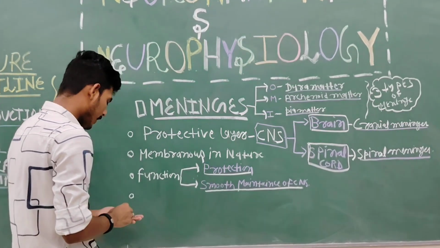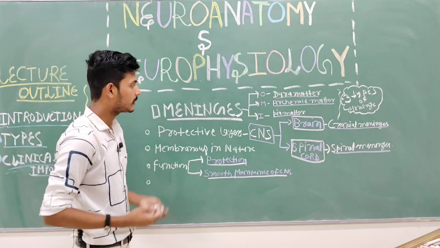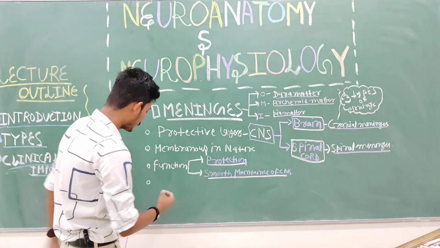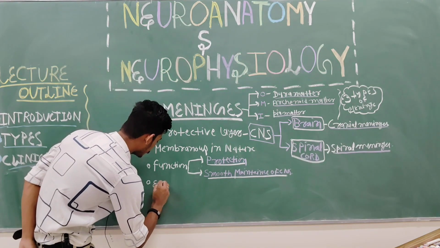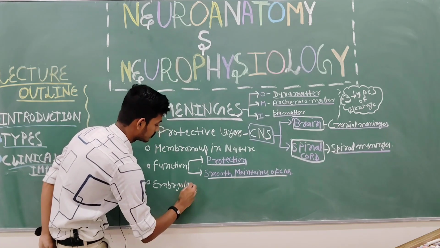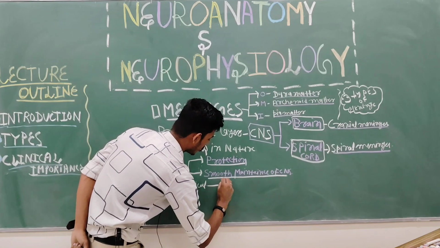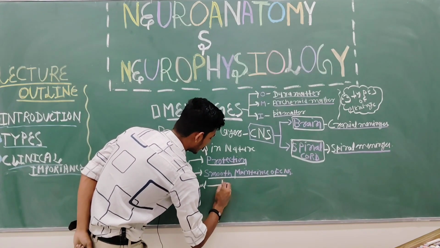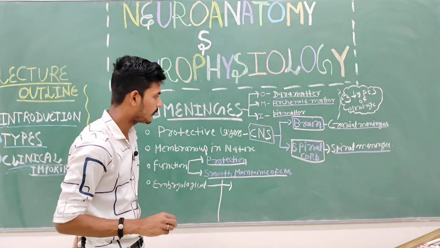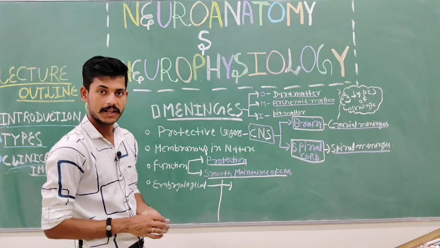As far as their embryology is concerned, where these layers are derived from embryologically. As I said, we have three layers. Have you heard about the germ layers, from where the major organs and parts of the body develop?